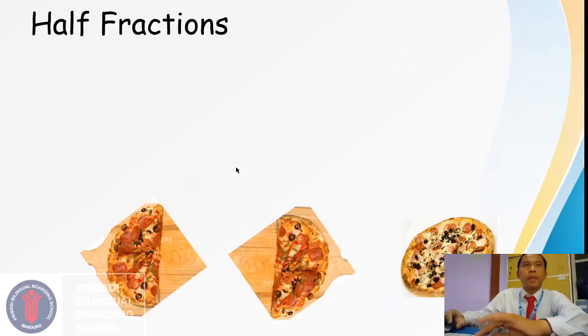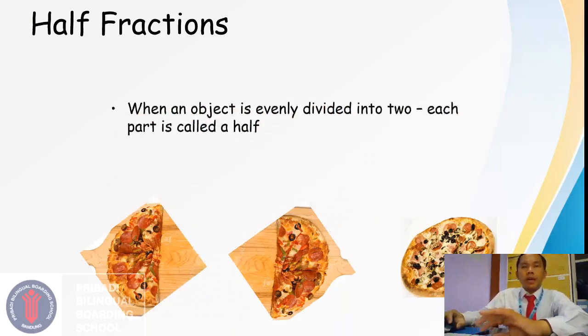Now, the first term we would like to have is half fractions. What are half fractions? When an object is evenly divided into two, is cut into two parts, each part is called a half. So one part is called a half, and the other part is also a half.